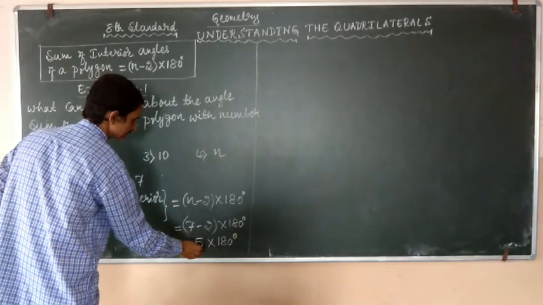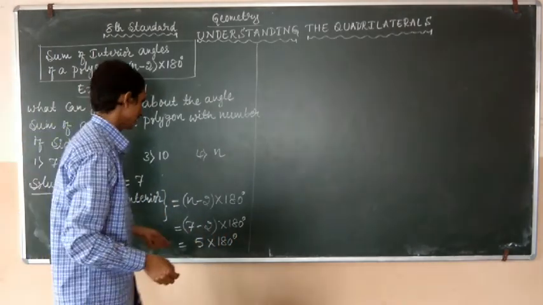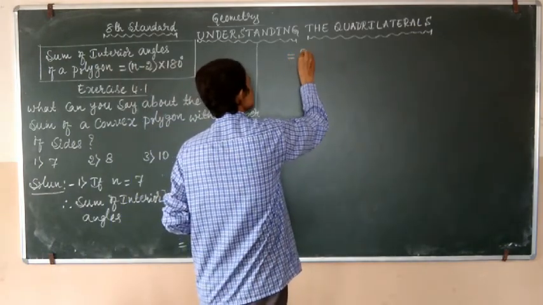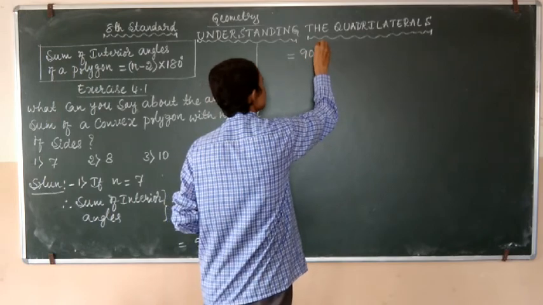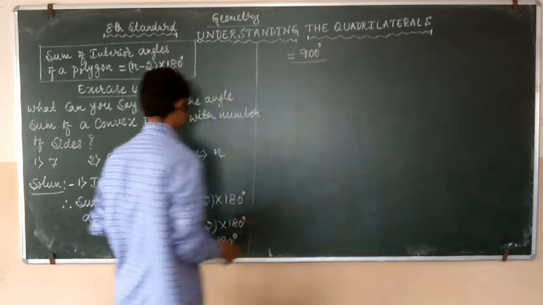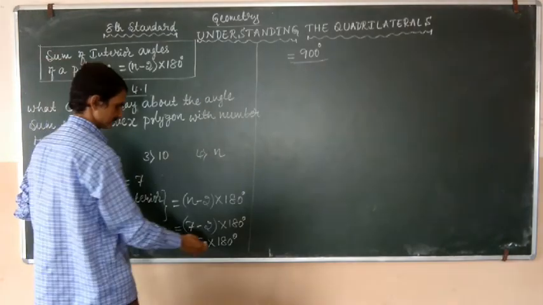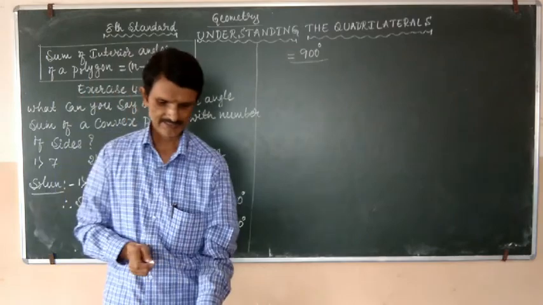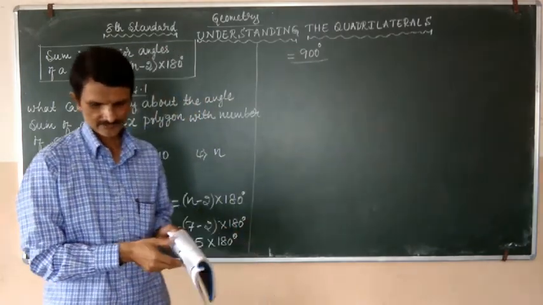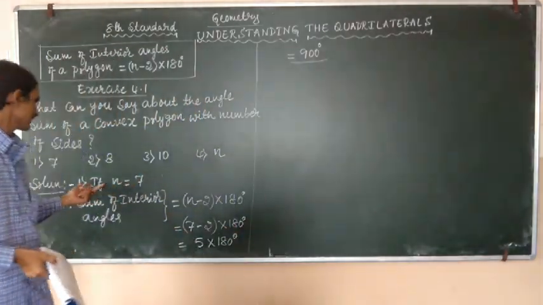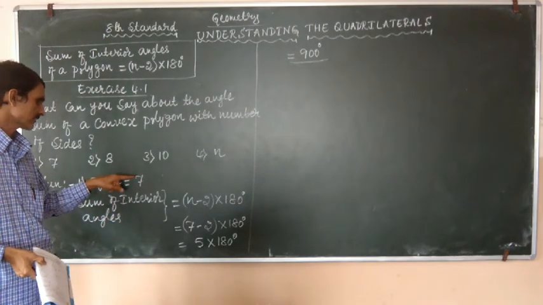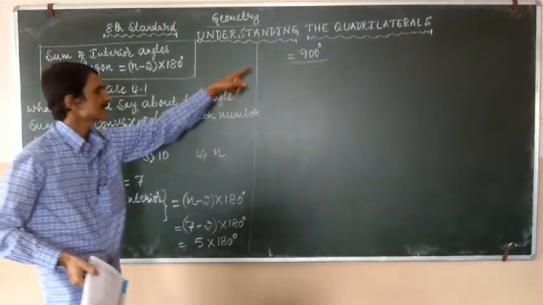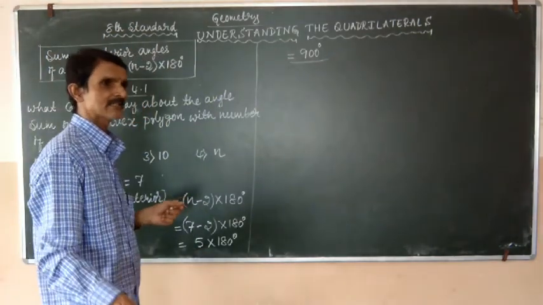If you multiply, it will become 900 degrees. 18 fives are 90, so 0. That means it is 900 degrees. Therefore, the sum of the interior angles of a polygon having 7 sides is 900 degrees.